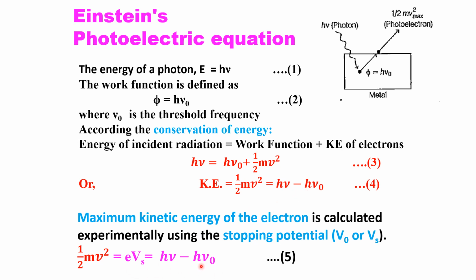This equation is known as Einstein's photoelectric equation, and it explains that the kinetic energy of liberated electrons does not depend on the intensity of the incident radiation. It depends only on the energy or frequency of the incident photons.